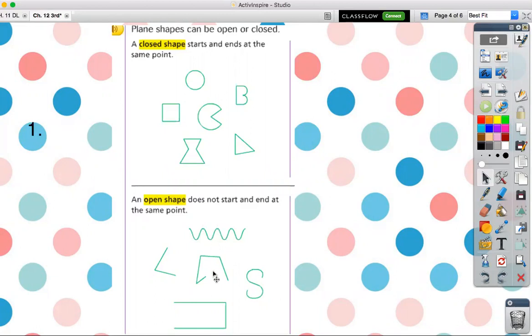Look at these. These are all open. All open shapes, okay? I'll give you a second to take a look at that. Closed shapes, open shapes.